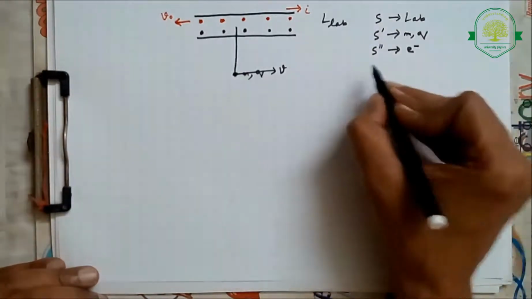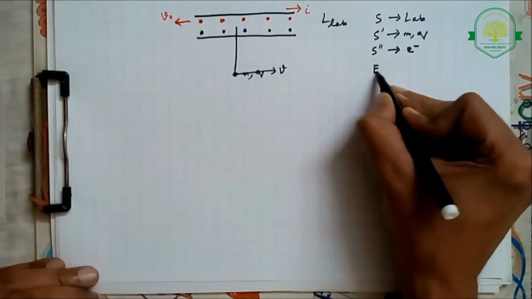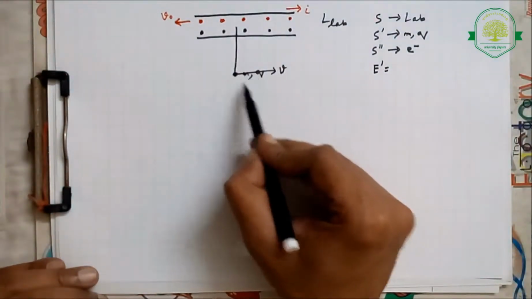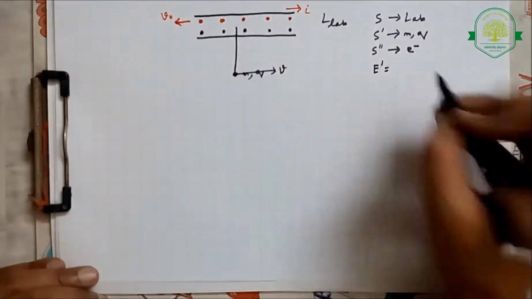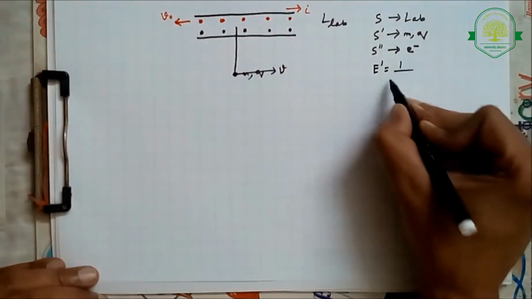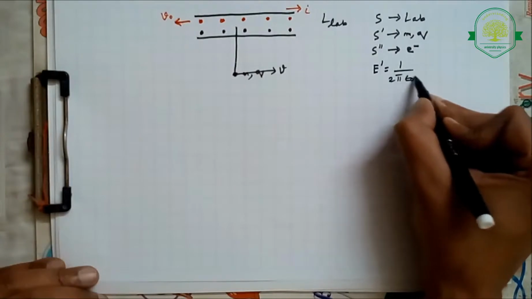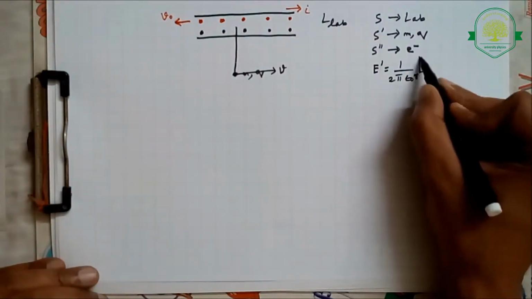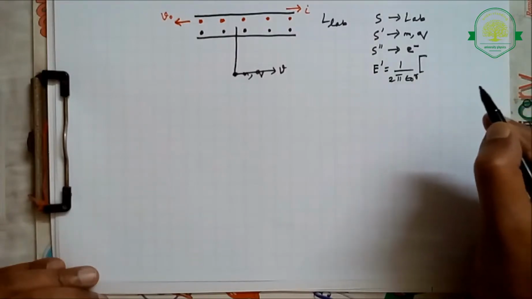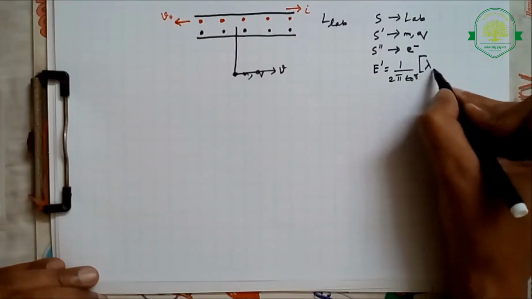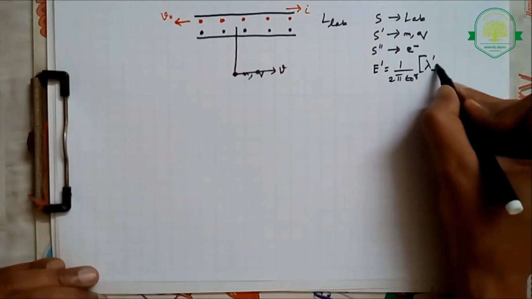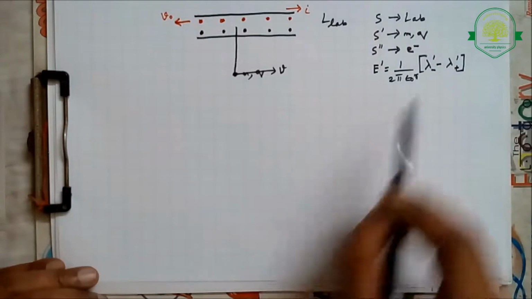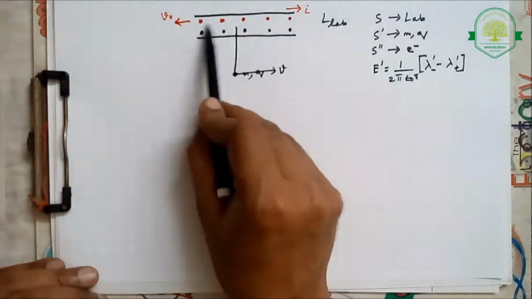So I can say that E primed, which is the electric field that the primed frame says it experiences, is 1 over 2 pi epsilon 0 r. I'm just using the formula for electric field due to an infinitely long uniformly charged wire. Say that's lambda minus primed minus lambda plus primed, lambda minus primed being the charge density of this.